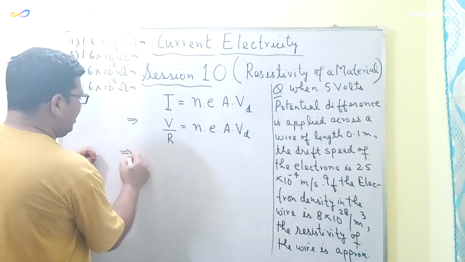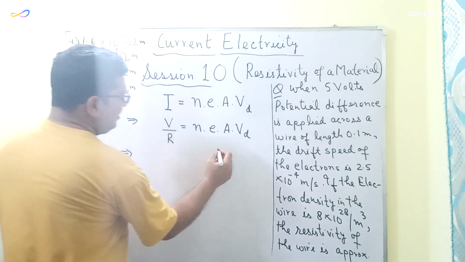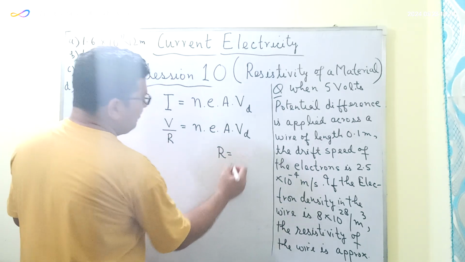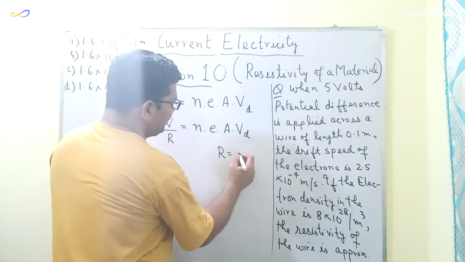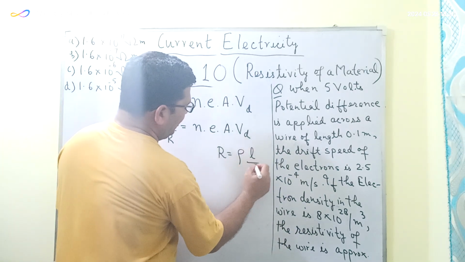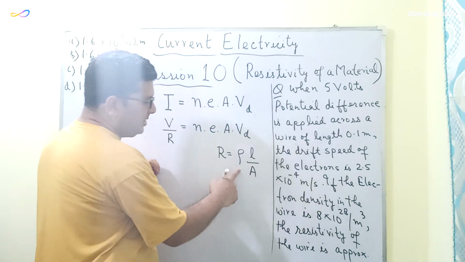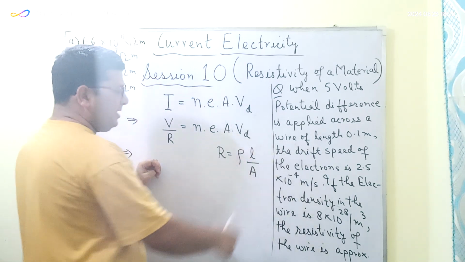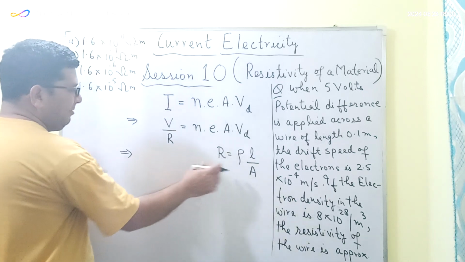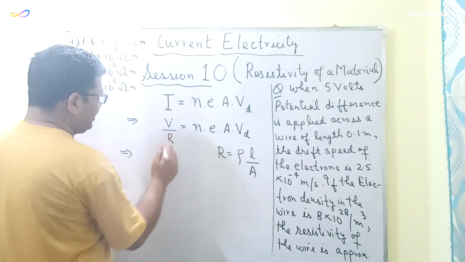From this equation, now we know that the resistance of a conducting material is given by rho L upon A, where rho is called the resistivity of that material, L is the length, and A is the area of cross section. I will substitute this value in this equation.